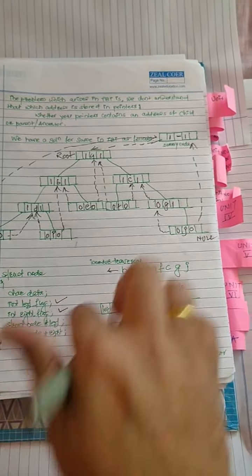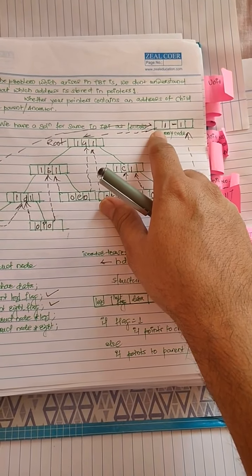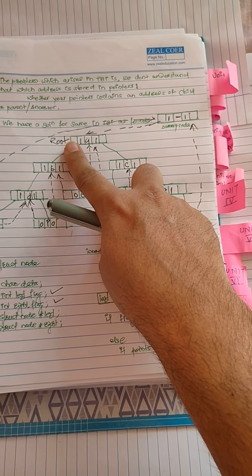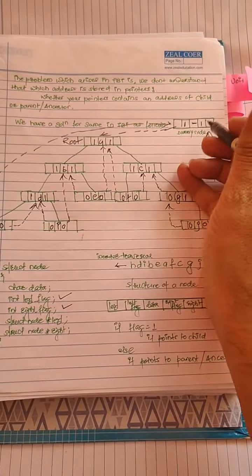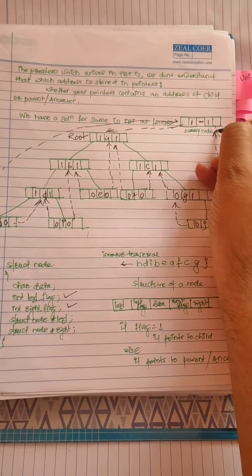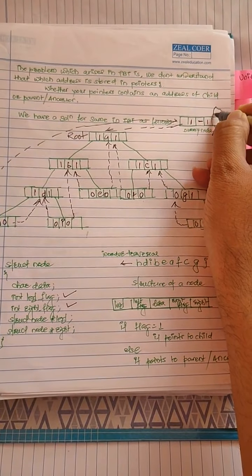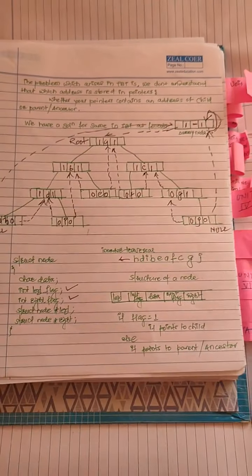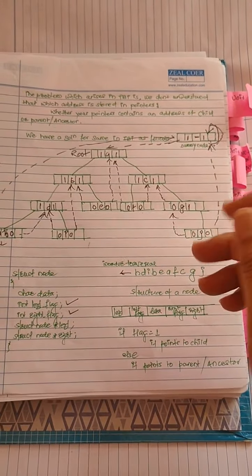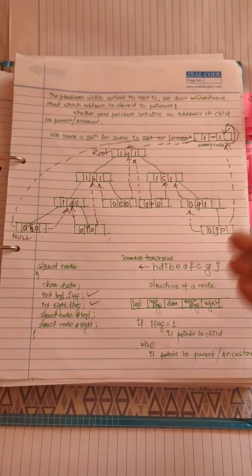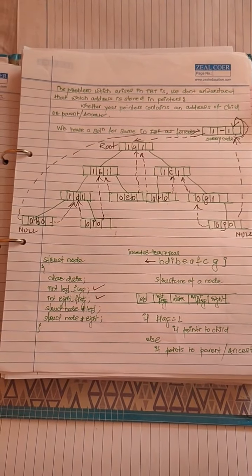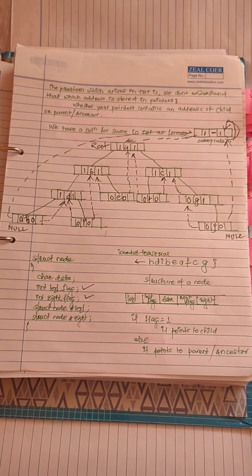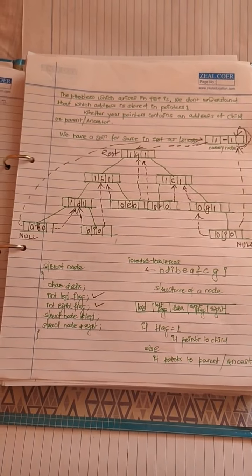Do you understand it? The left pointer is going to point to the child, which is the root of my threaded binary tree, and the right pointer of my dummy node is going to point to itself. Right? If it is pointing to itself, it means that it doesn't have any ancestor, but it does have a child.